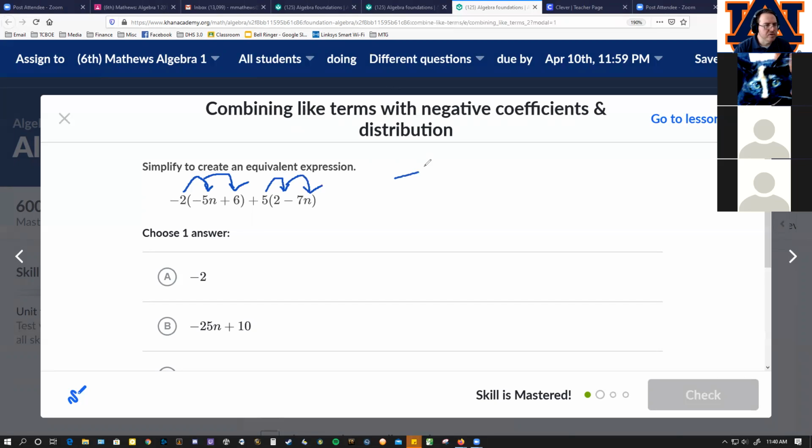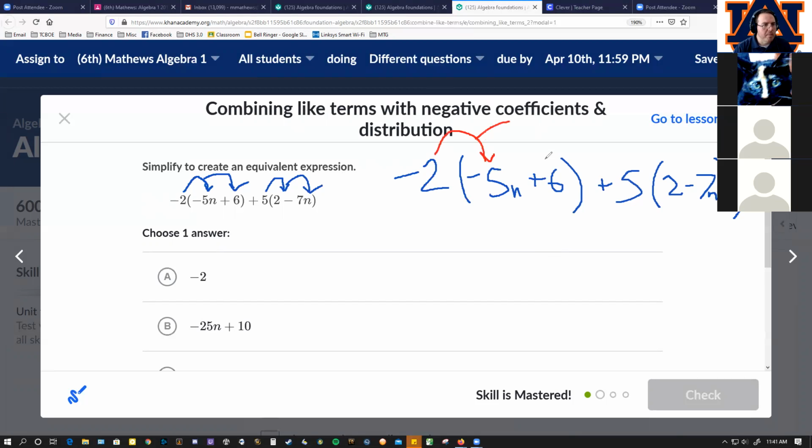That would be -2 parentheses -5n plus 6, added to 5 times 2 minus 7n. Okay, so the distributive property, the -2 gets multiplied by both terms.